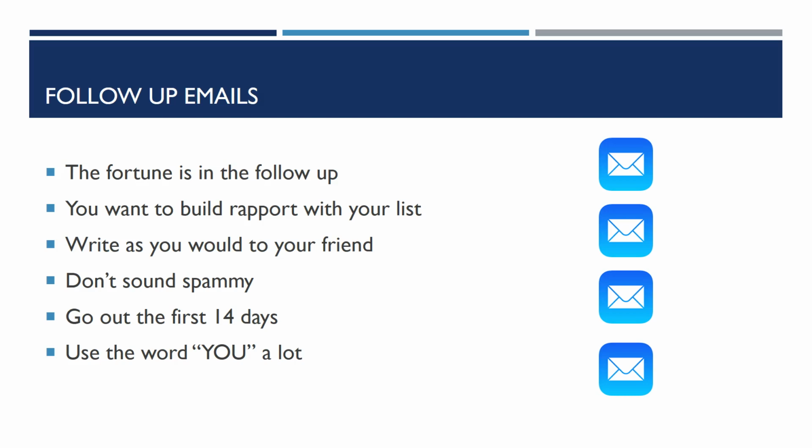The minute people opt in to your lead capture page, they're immediately going to start getting these follow-up emails in sequential order. You don't want to sound spammy. You want to make this sound natural and not salesy. These 7 emails are going to go out over a span of 14 days. The other thing you want to make sure you're doing is using the word you a lot.